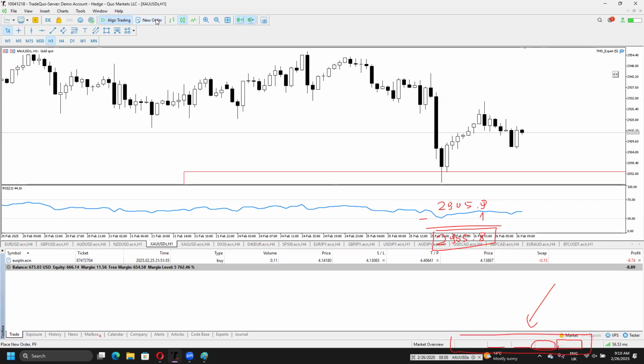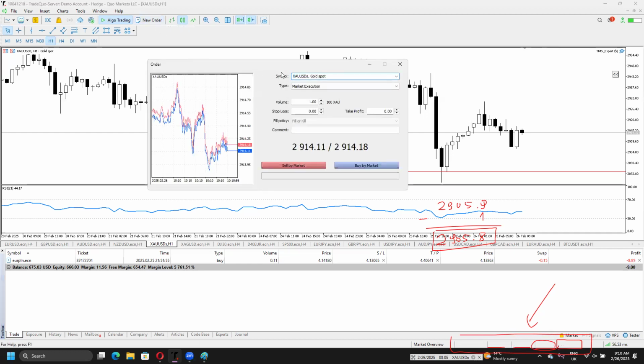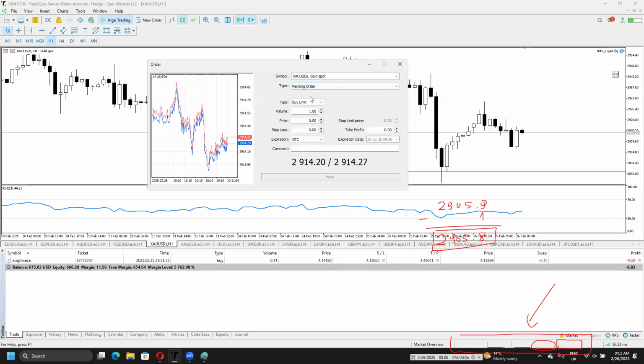You can go to the new order section. You can change the type of your transaction from the market execution to the pending order. Then after that, you have to find a sell stop as a way of security. Choose the volume. Let's say we can play 0.1 for every 1,000. We have 600, so let's do 0.06.